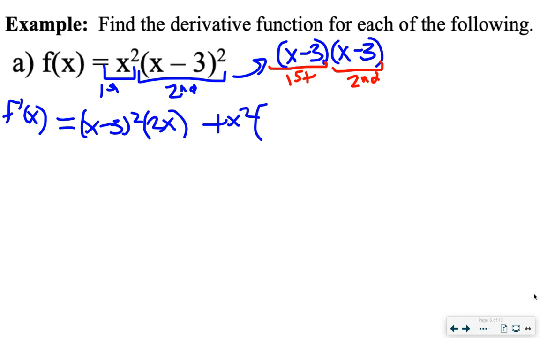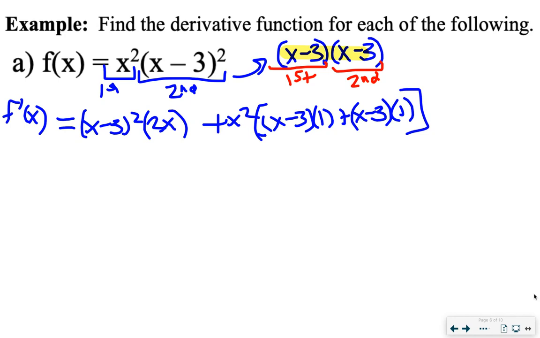If I'm taking the derivative of the second, I have to do the same thing with these ones here. So the derivative of the second is now second, x minus 3, times the derivative of the first, plus first d second.